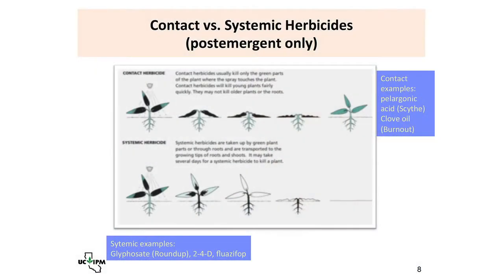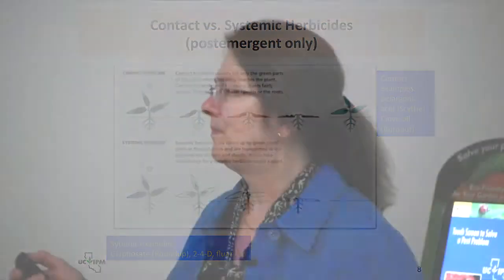And then there's the issue of contact versus systemic herbicides. A contact herbicide only kills the part of the plant that it comes in contact with. You apply it to the leaves and it kills the leaves, but if there's a good root system, it doesn't kill the roots, and what happens? You get a new plant. Most of the organic herbicides that you find are contact herbicides.